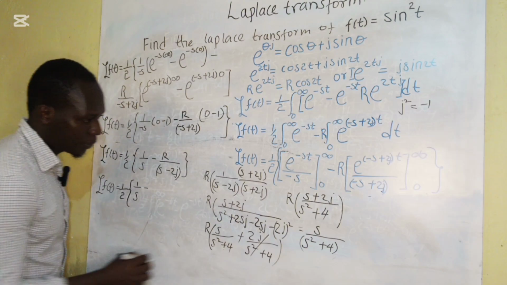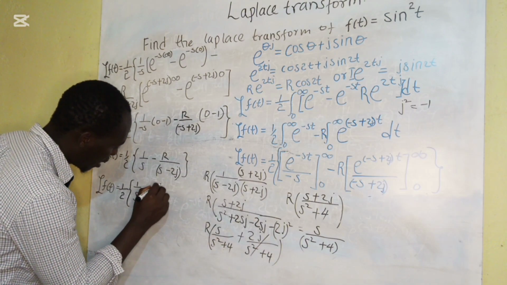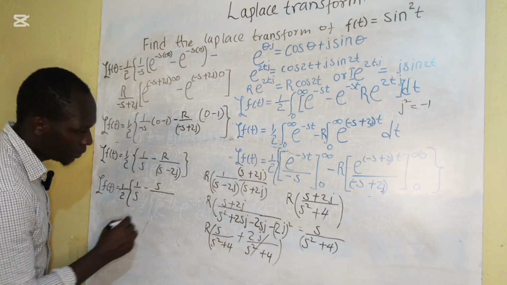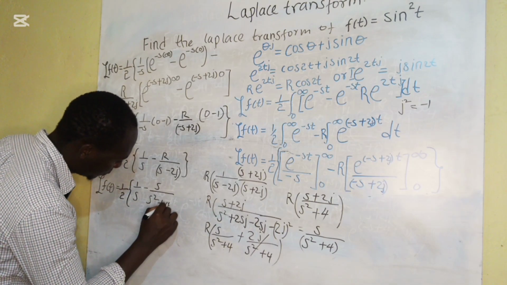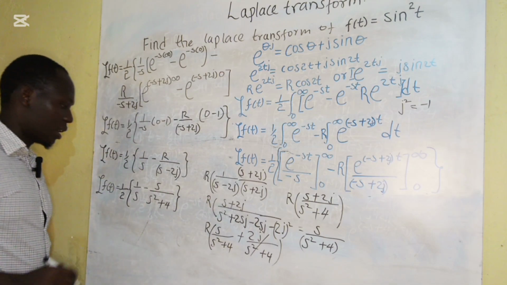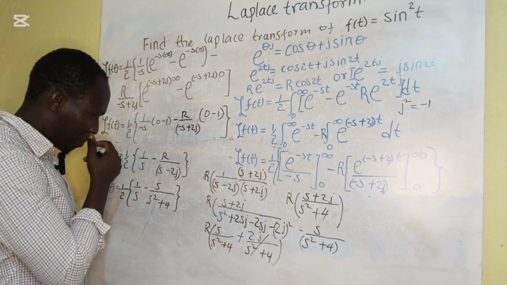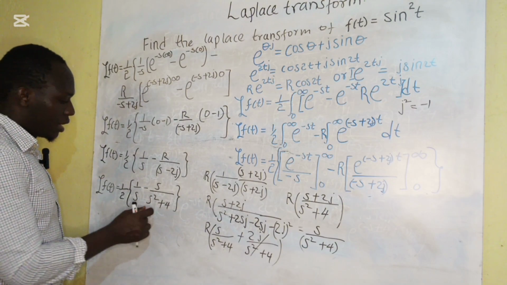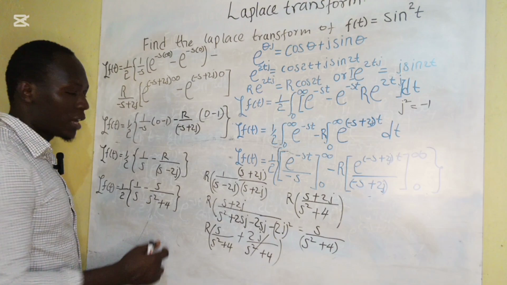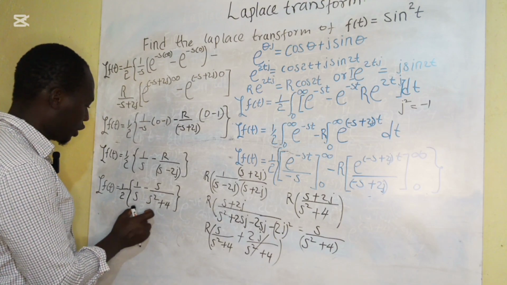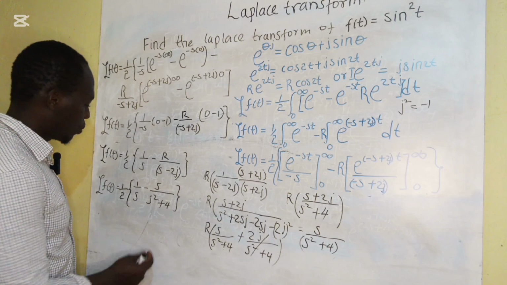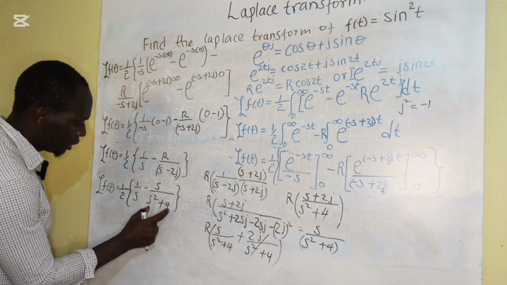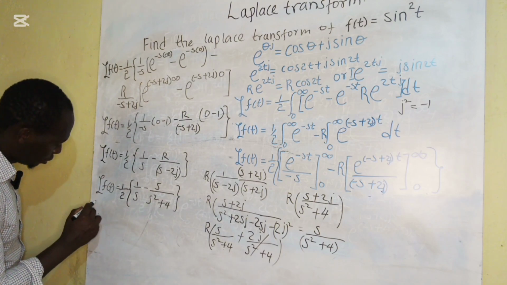We subtract s all over s squared, we add 4. Here now we can do our cross multiplication to simplify this fraction. And by cross multiplication, this is what I mean. We are going to take this, we multiply by 1.